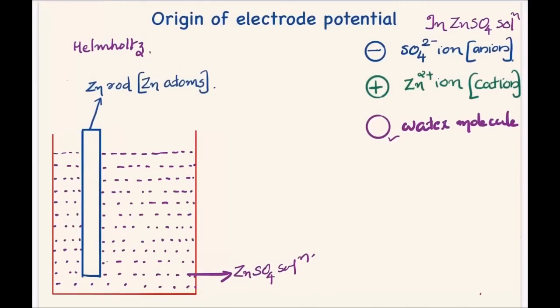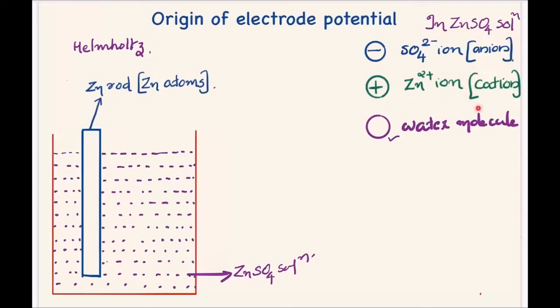Now we will study how the electrode potential in a single electrode originates. What is the reason behind the origin of electrode potential? For that, we are taking the same example, zinc rod in zinc sulfate solution. It's a single electrode. The zinc rod contains zinc atoms and the zinc sulfate solution contains negatively charged sulfate ions. We call it an anion because it carries negative charge.